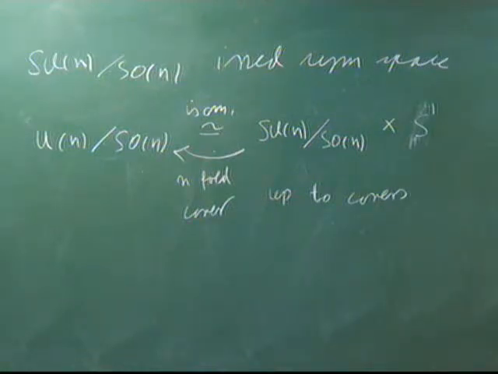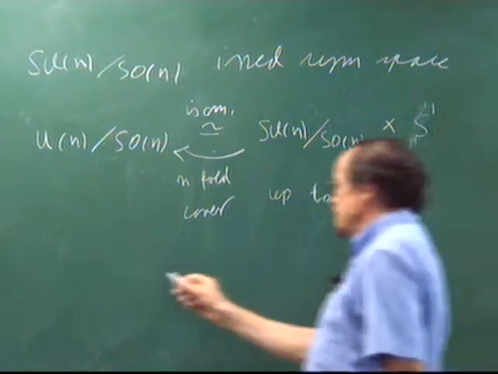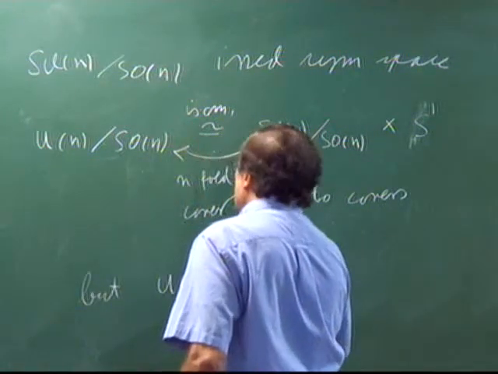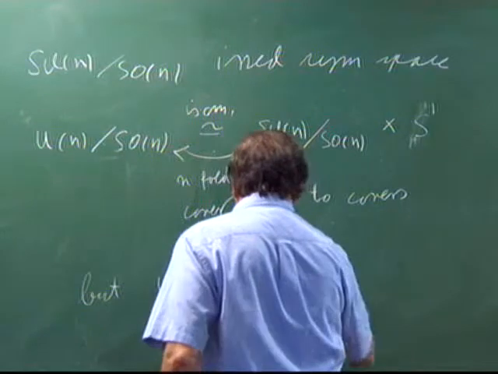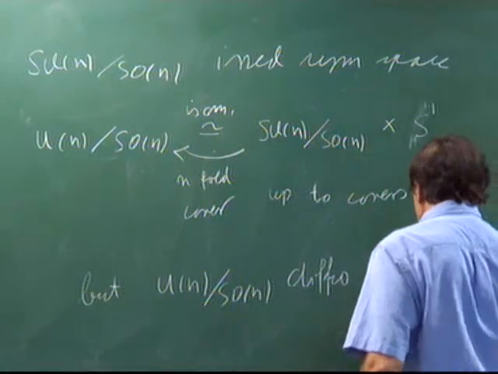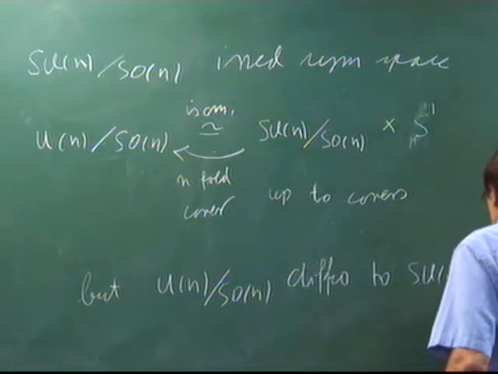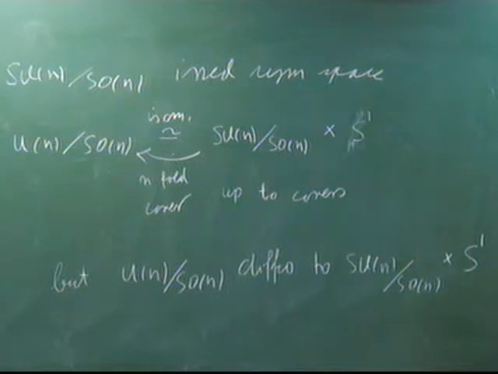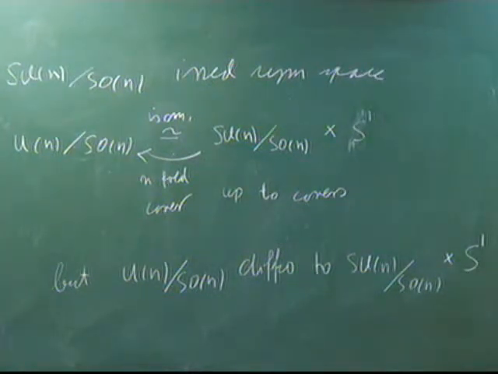And then it's actually an isometric product. But U(N) mod SO(N) is diffeomorphic to the product, but not isometric. It's diffeomorphic, not isometric.